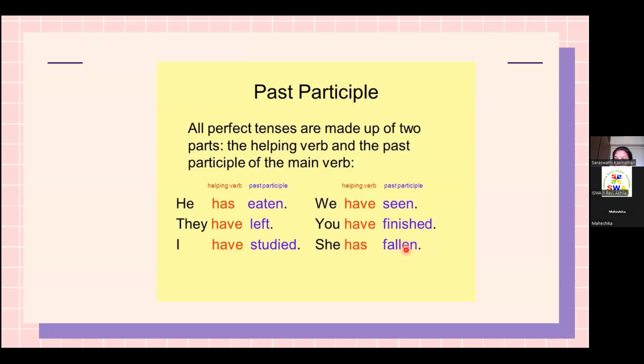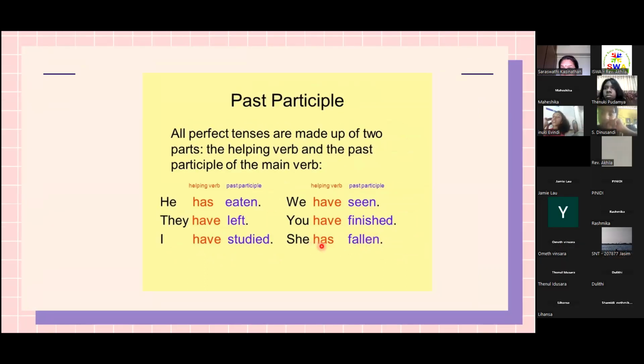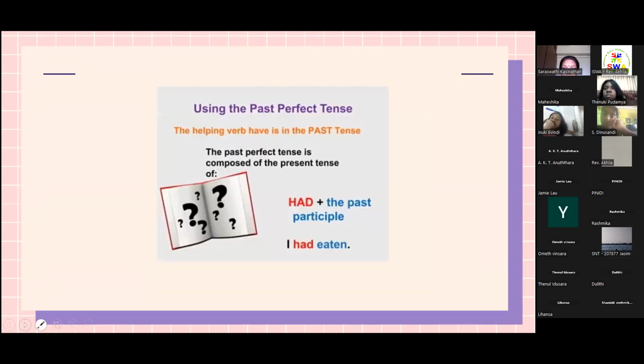So you see again the word fallen, you must have a helping verb. This helping verb can also be in past tense. So in past tense, had plus the past participle. I had eaten.